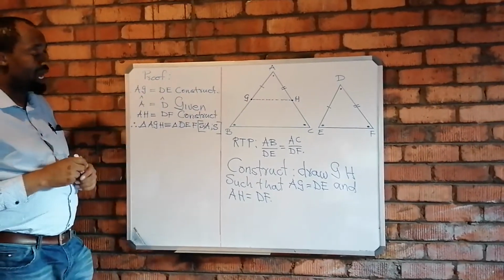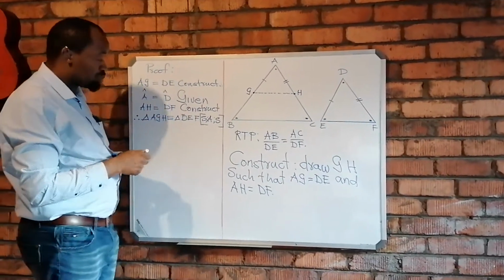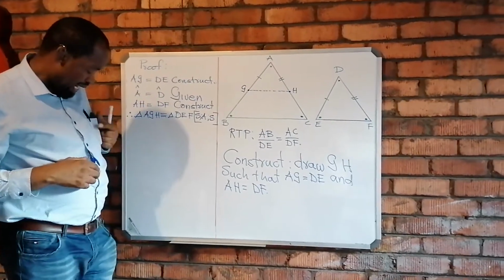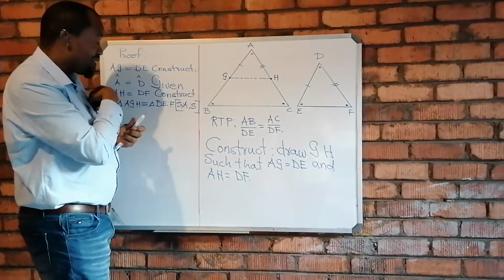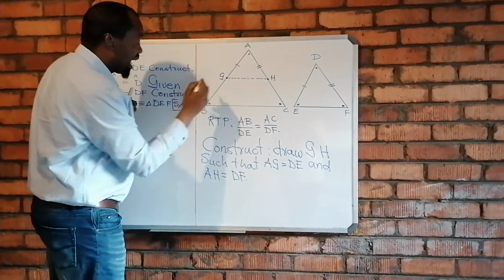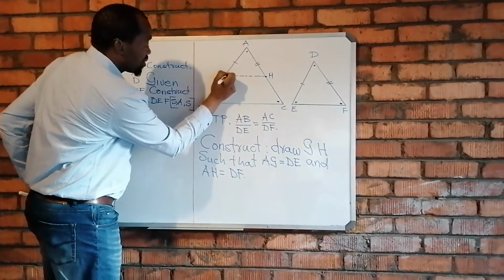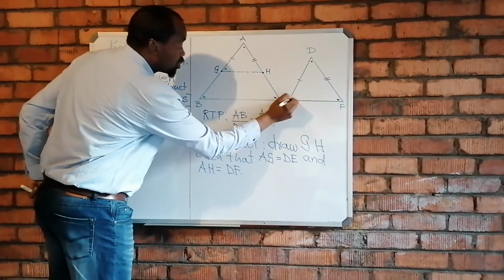What does that mean now? The remaining corresponding components, I now mean the fact that this angle is now equal to that angle.